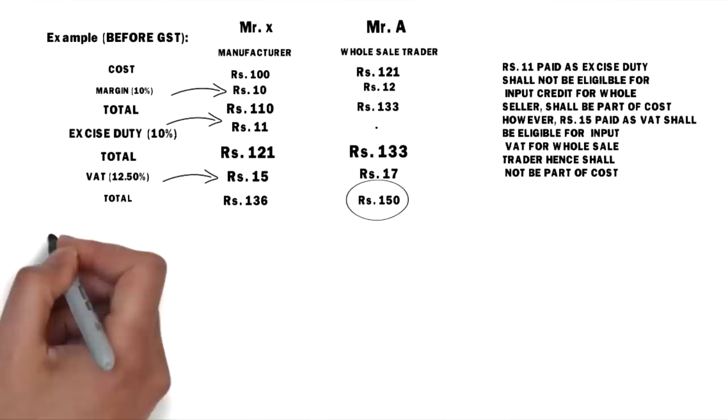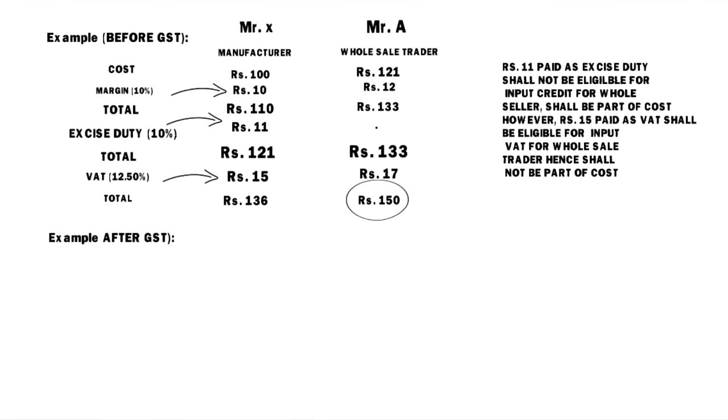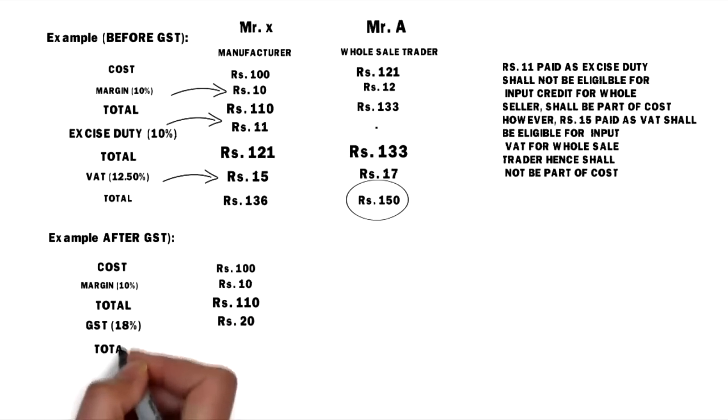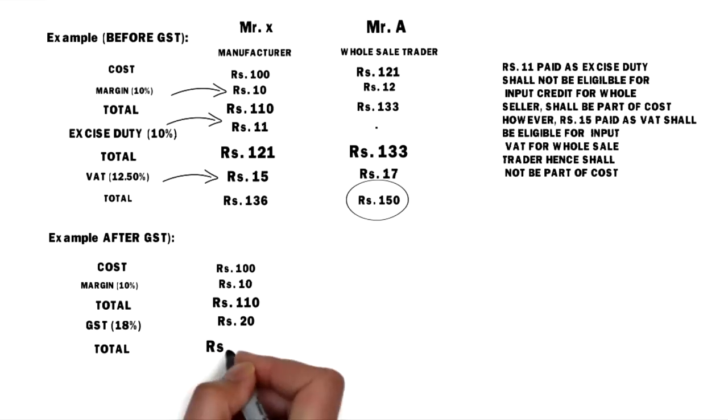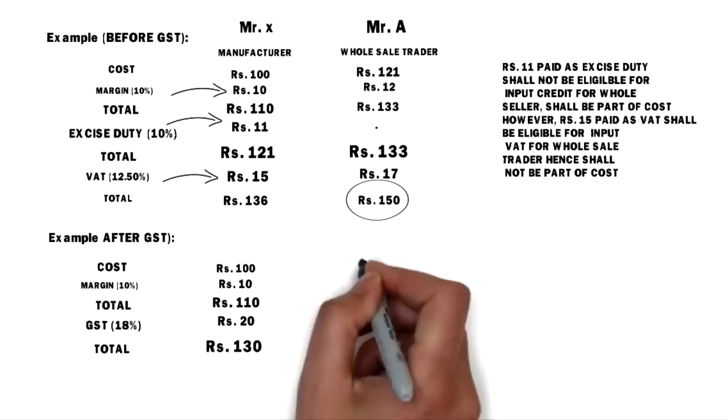After GST, the cost in the hand of the manufacturer is rupees 100, margin rupees 10, total rupees 110. Let's say the GST rate is 18%. The GST will be rupees 20 approximately. The total is rupees 130 in the hand of the manufacturer.